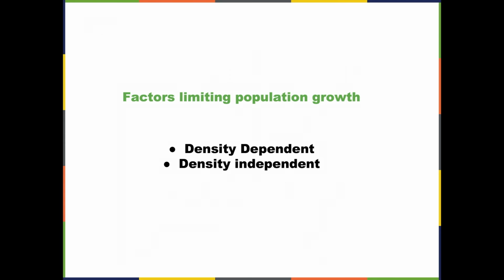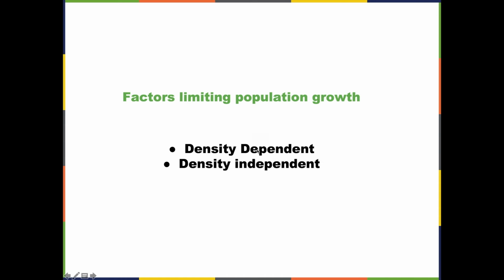So now the question is, what kind of factors limit population growth? There are two classes of factors that can limit population growth, and they are either density dependent or density independent. So what does that mean?